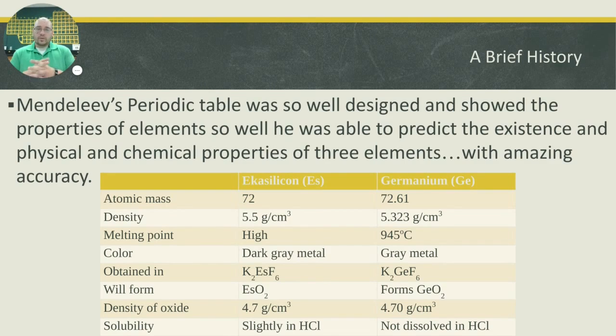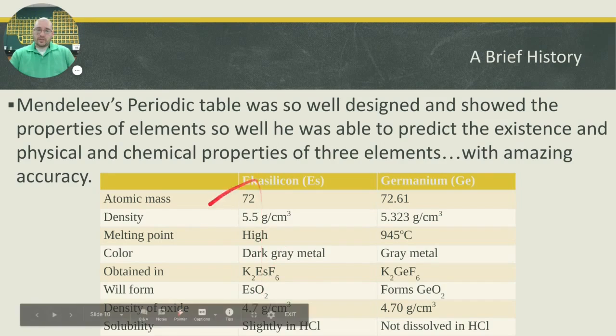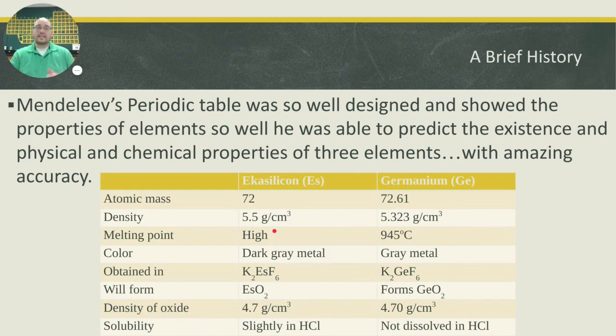But when you look at it, these were his predictions, and these were the actual things once we finally discovered germanium. He was almost exactly correct as to what germanium is. That's the power of Mendeleev's periodic table. That's what makes it so great, is that he was able to make predictions of the existence of elements.